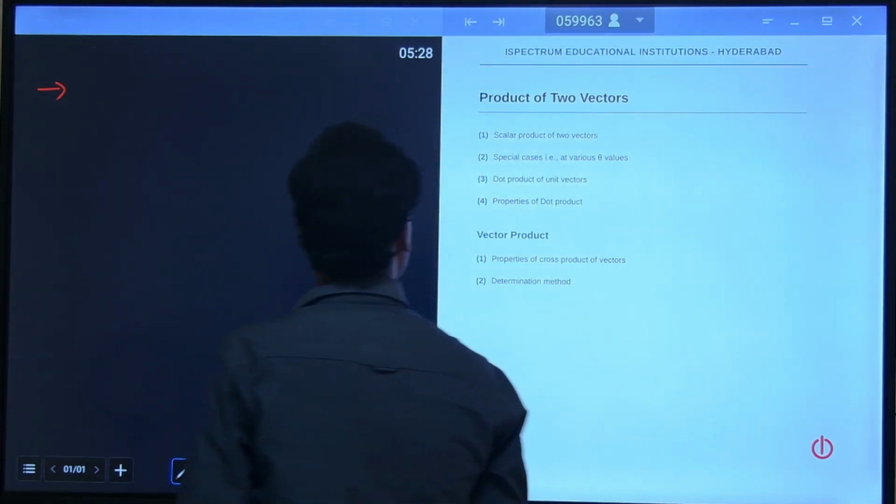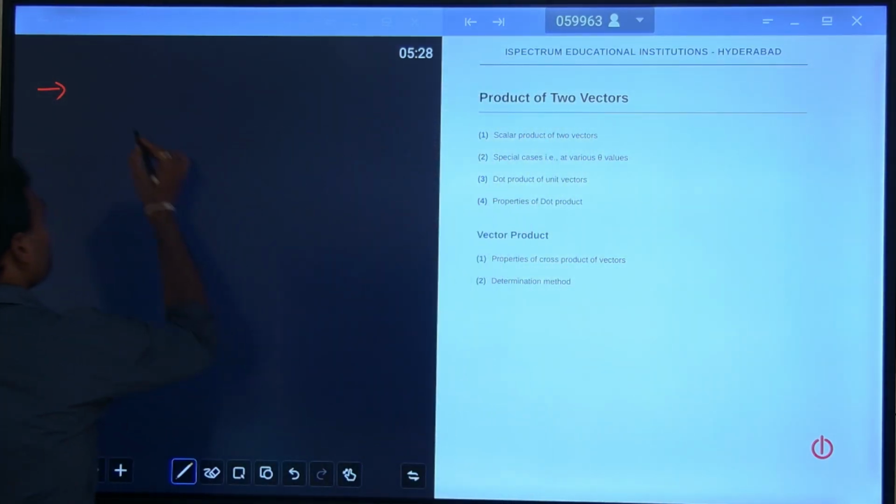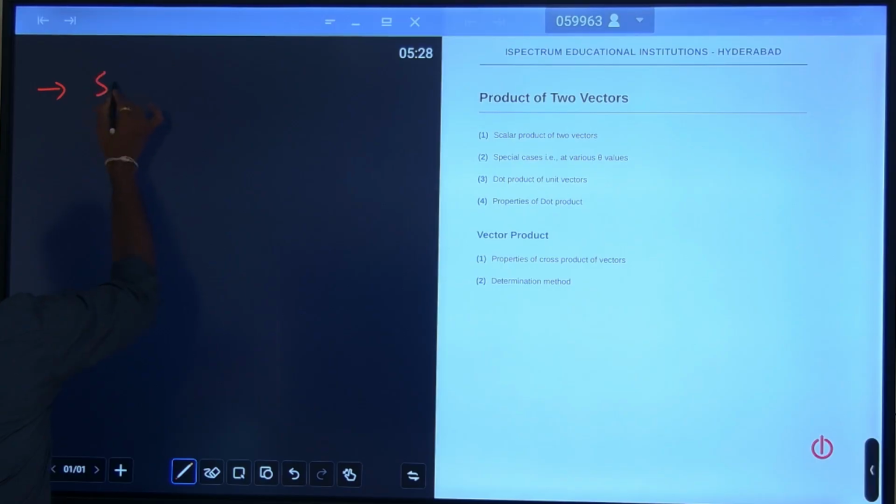Now we are going to discuss product of two vectors. Number one is scalar product.